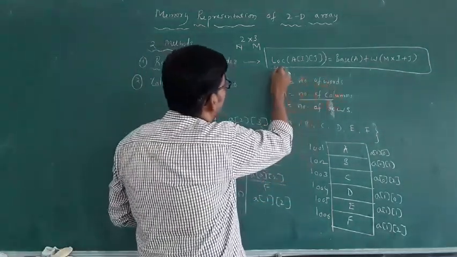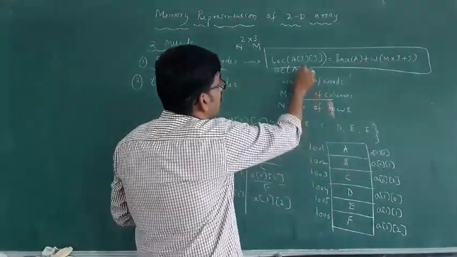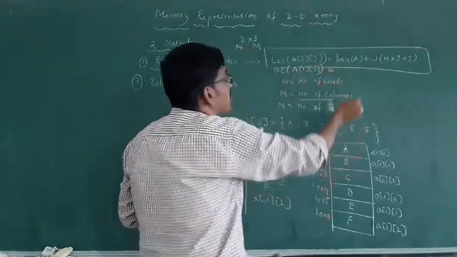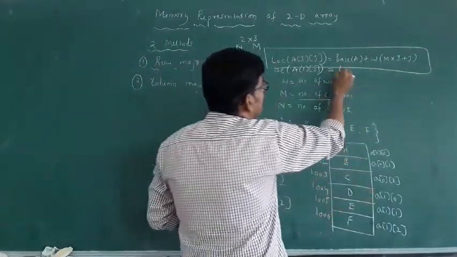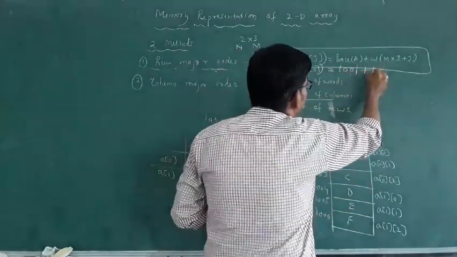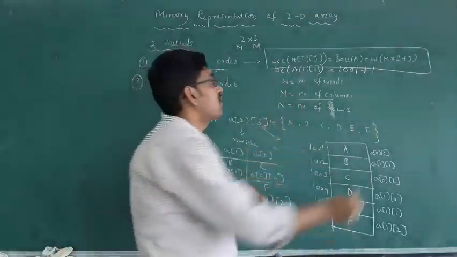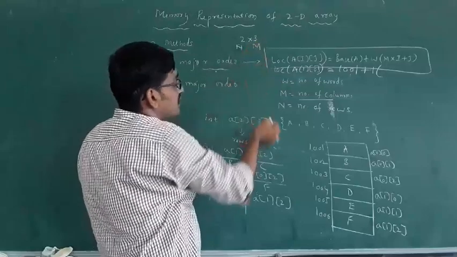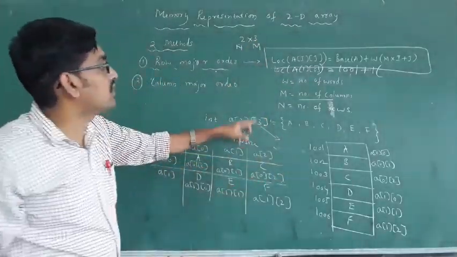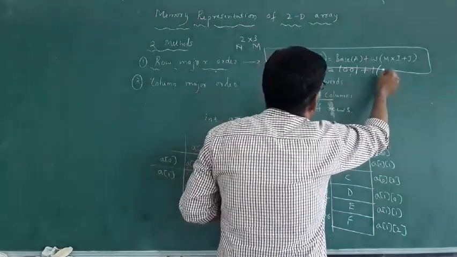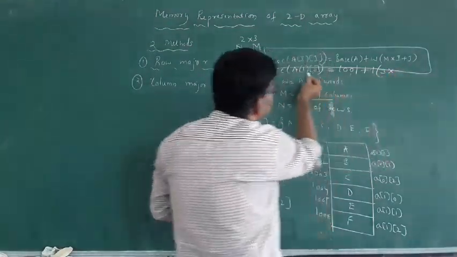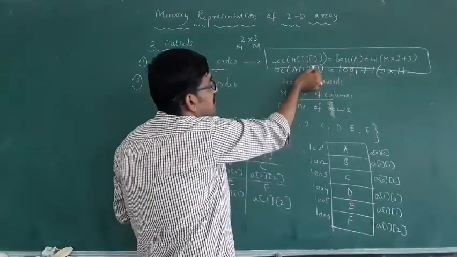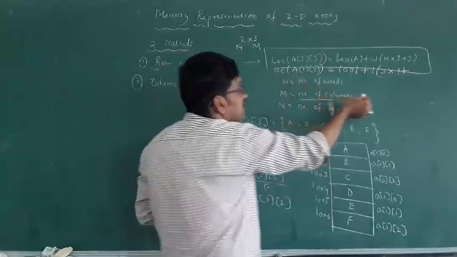I want to find location of A of 1 0 equal to base address, which is 1001, plus W, the number of words, only one. Then M means how much here? I am taking a 2 3 order, so M is 3, into I, which is 1, plus J, where J is the index of the array, this is j, this is 0.